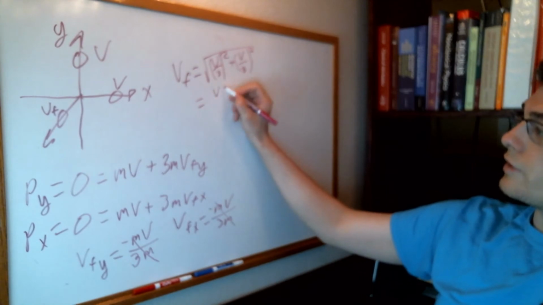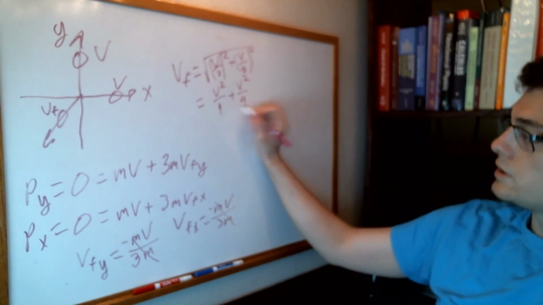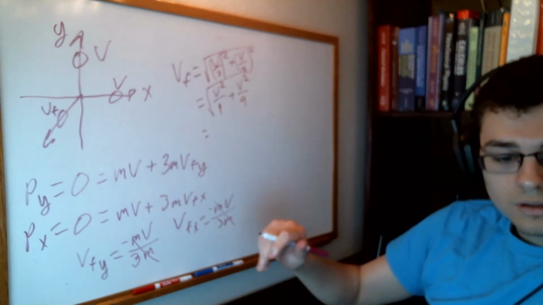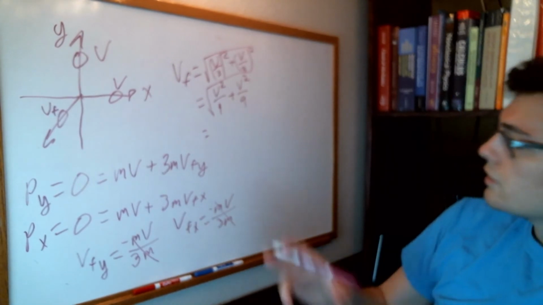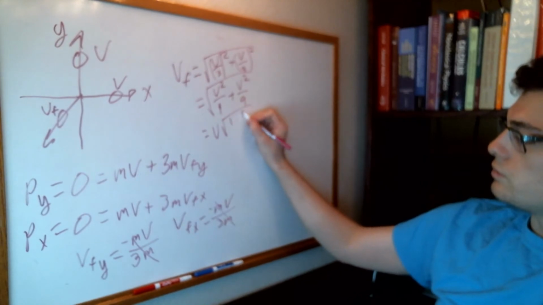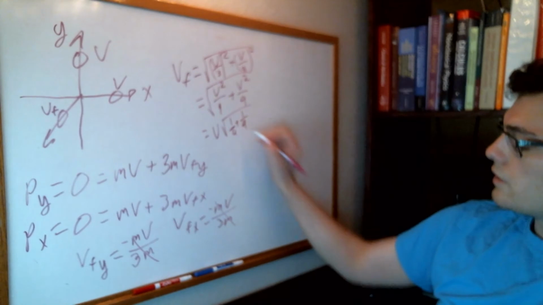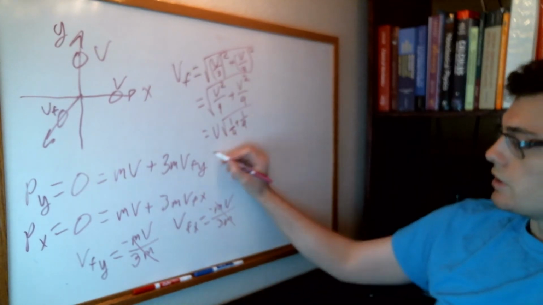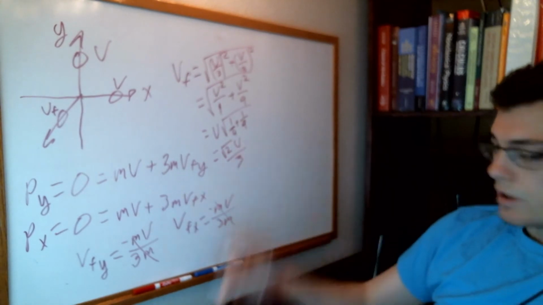And so then we have v squared over 9 plus v squared over 9. So then we can take out our v, and then we will just be left with v is equal to 1/9 plus 1/9. And so then this will end up yielding the square root of 2v over 3.